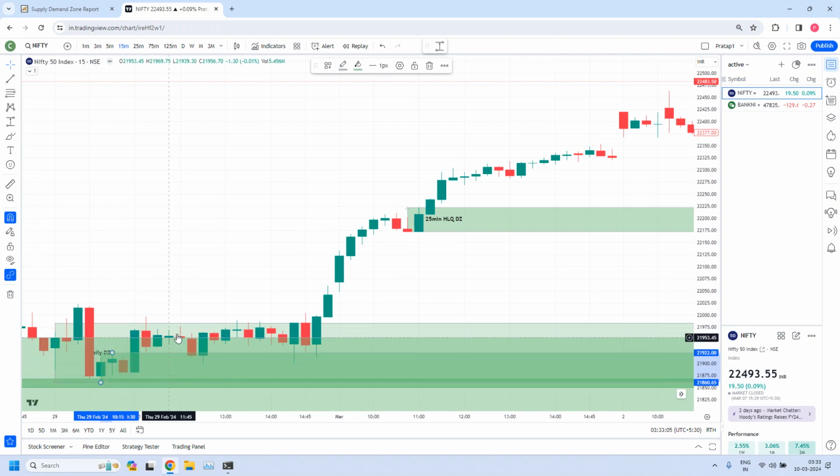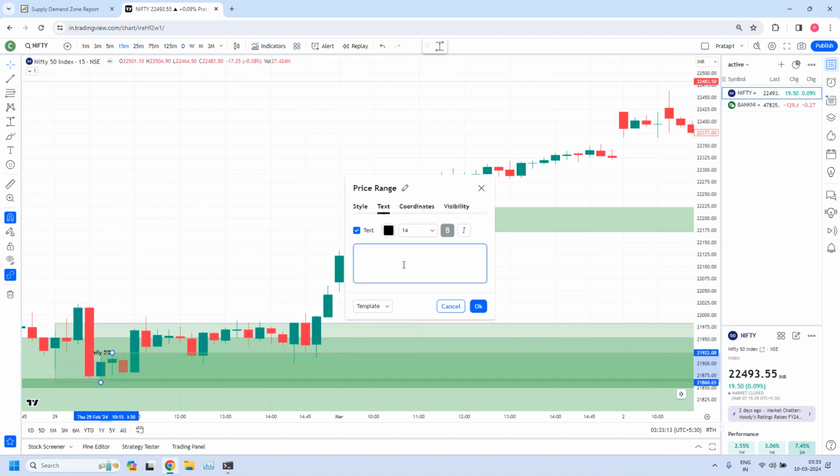So it picked up the orders. This is the first time and second time and third time. It picked up the orders from this zone. So this is a 15 minutes demand zone.